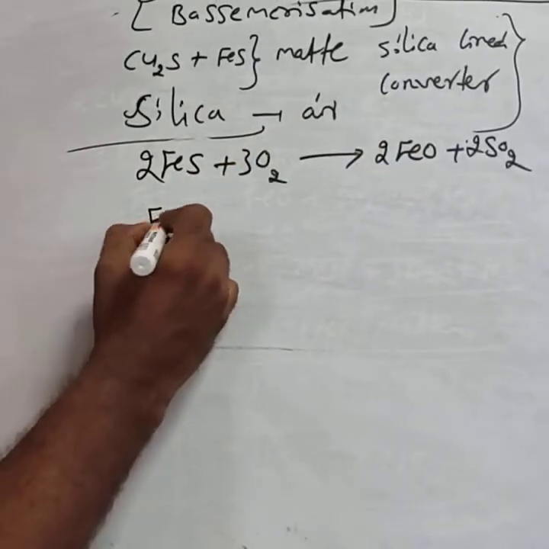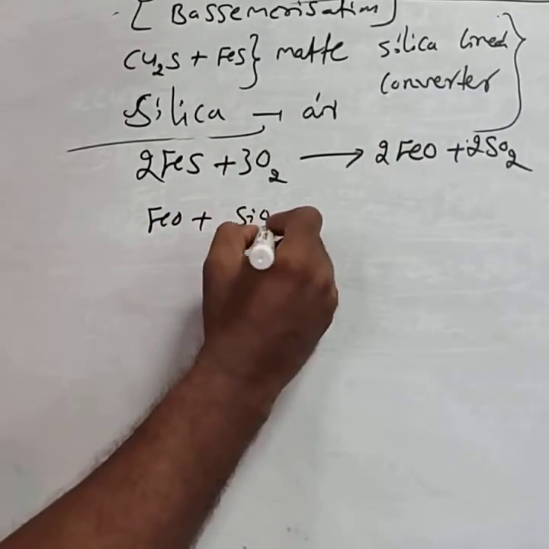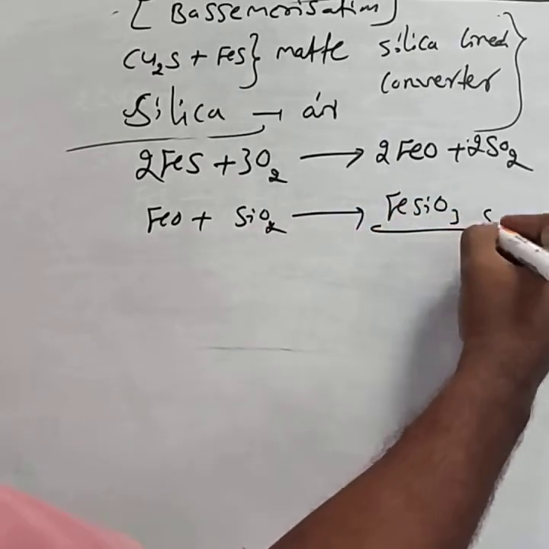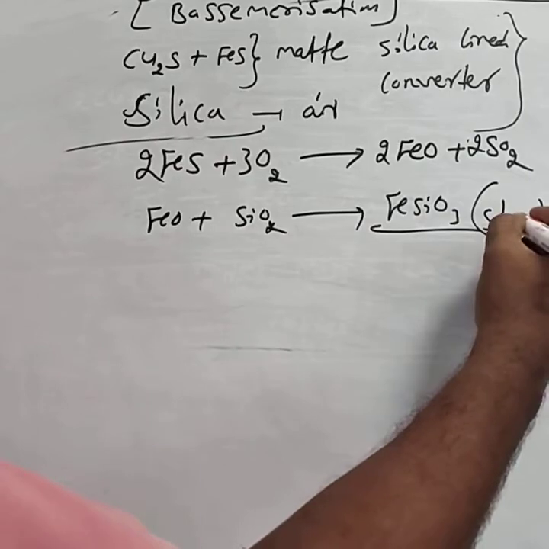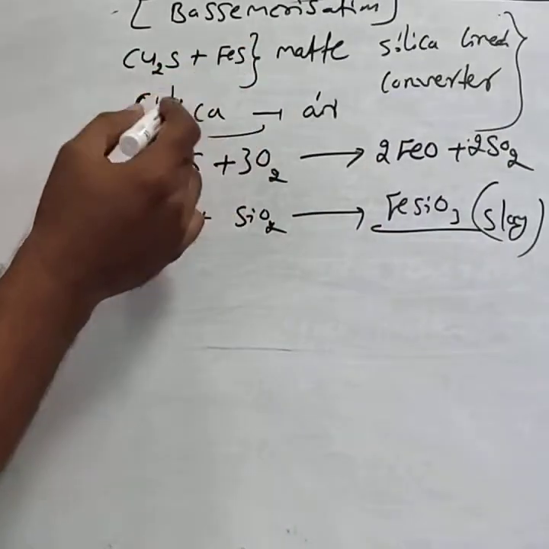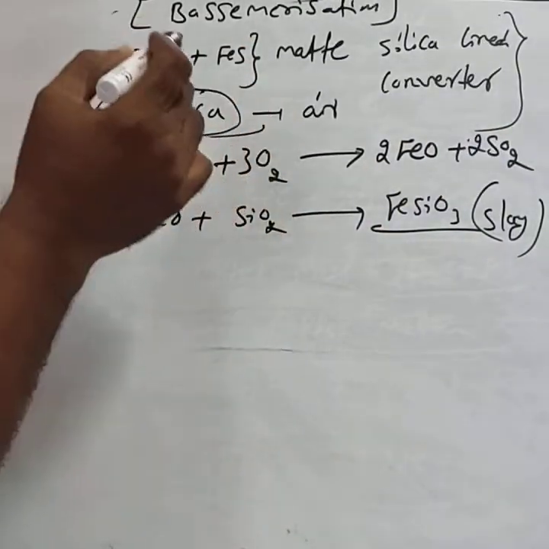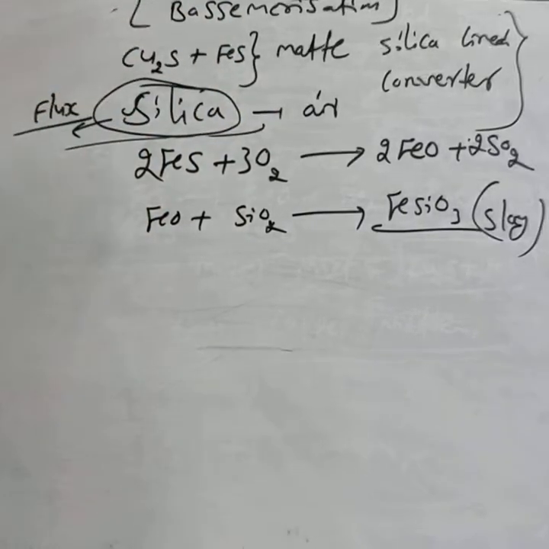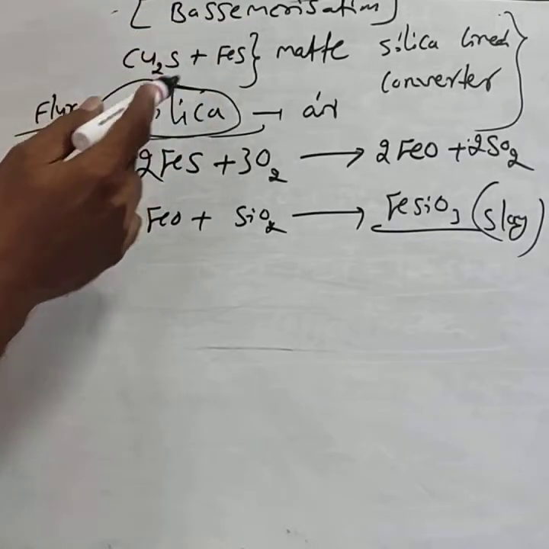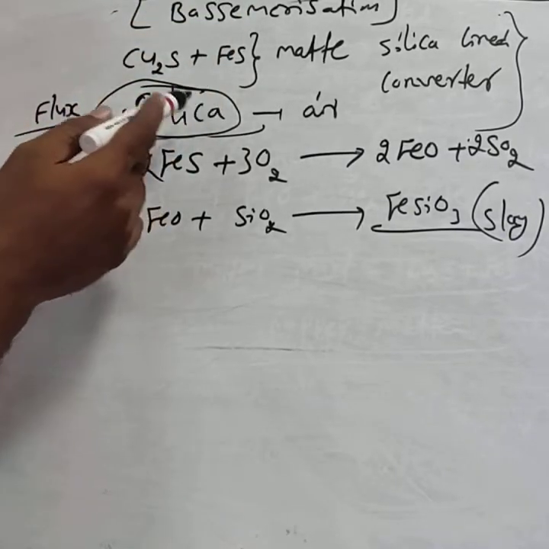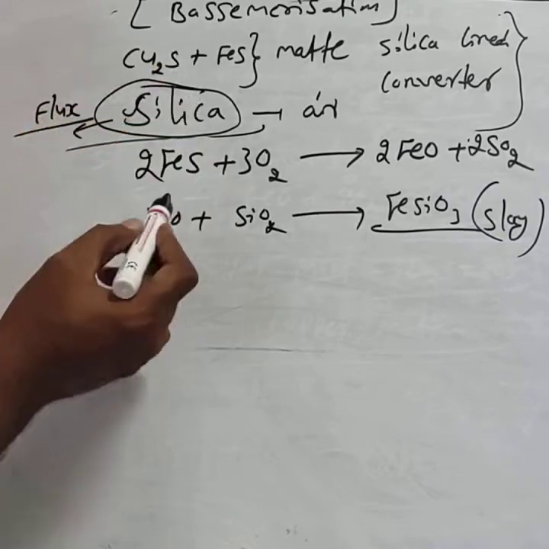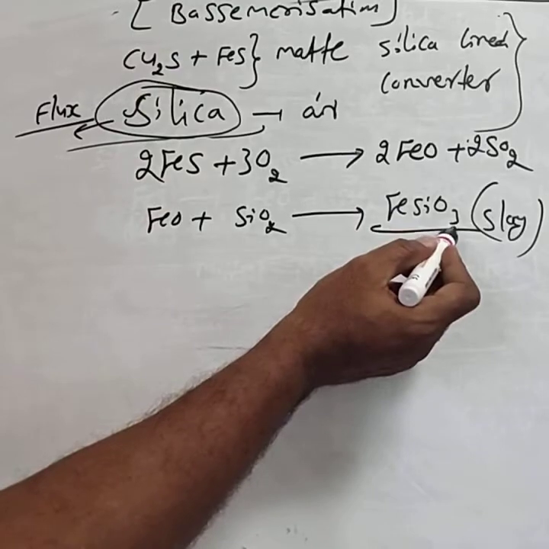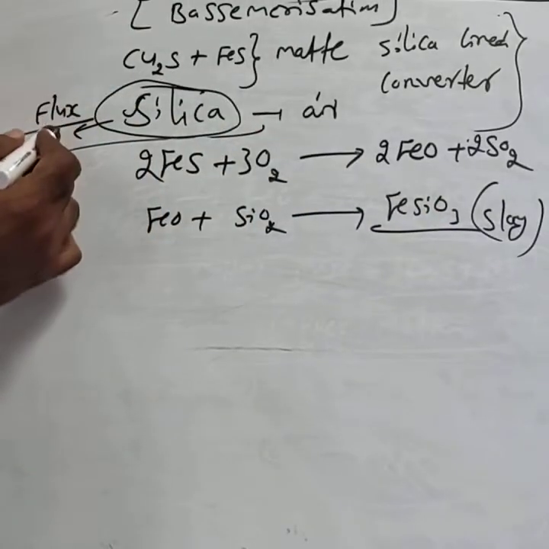The formed ferrous oxide combines with silica to form ferrous silicate slag. The role of silica in the Bessemerization process is that it acts as the flux, removing the ferrous oxide impurity as ferrous silicate slag.